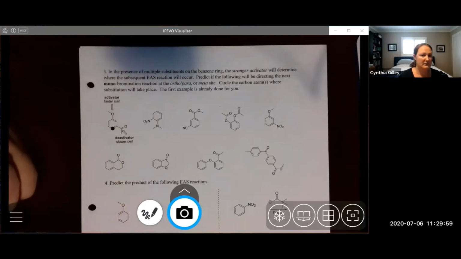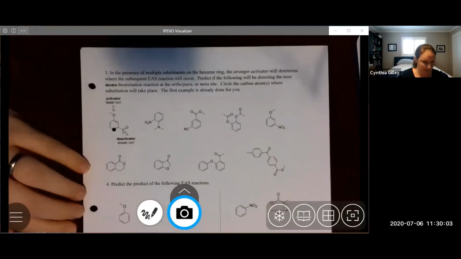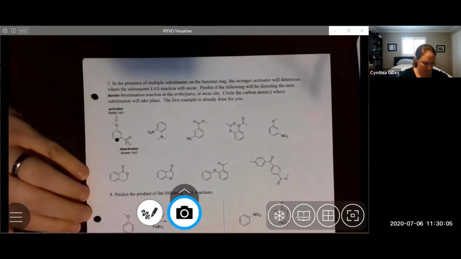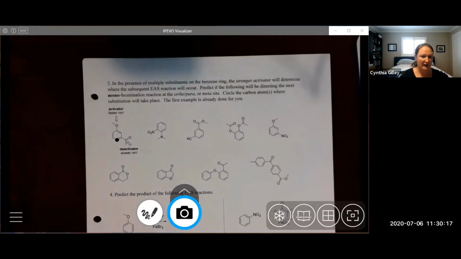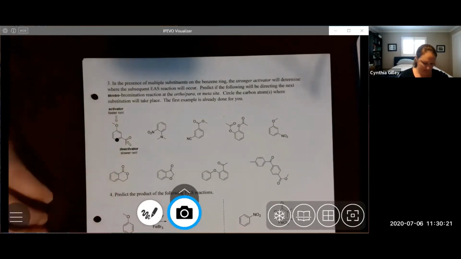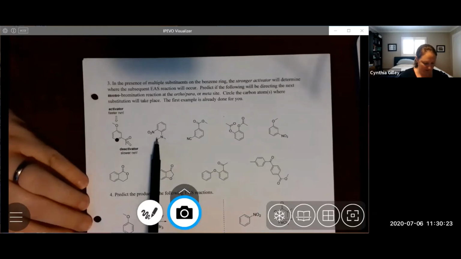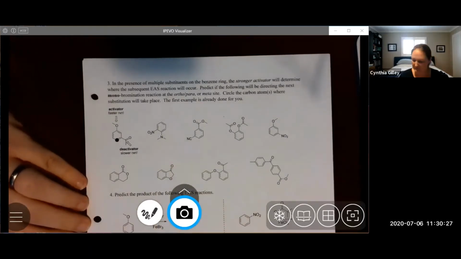Okay, so this talks about now, what if there are multiple groups? How do we know where the incoming electrophile will go? That's sort of determining the most activated position, and whatever conditions there are, that group goes to that position. So it's really having a firm handle on groups and where they direct.